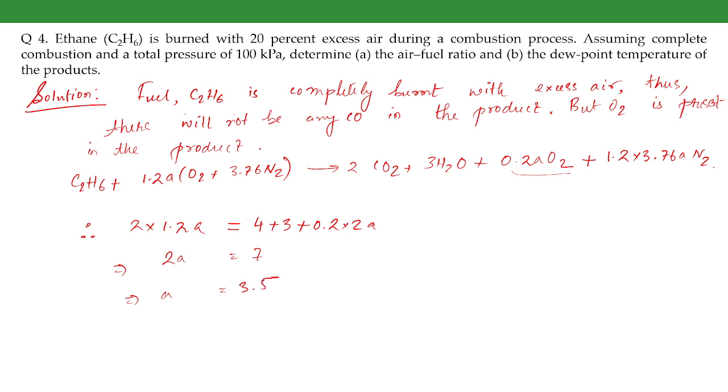So we can write the equation as C2H6 plus 4.2 oxygen plus 3.76 nitrogen gives 2 CO2 plus 3H2O plus 0.7 oxygen plus 15.79 nitrogen.